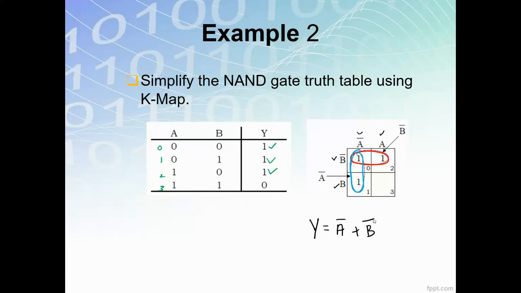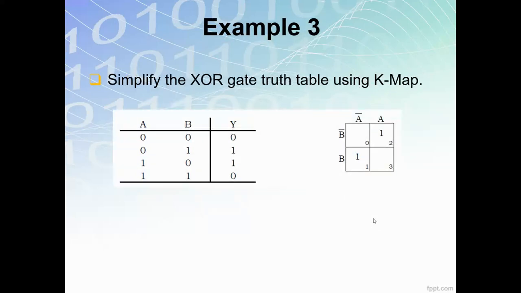Alright, this is the third example of two-variable K-maps, whereby we use the exclusive OR gate truth table that we map into a K-map. So you have an output of 1 in the first and second, the cells 0, 1, 2, and 3.